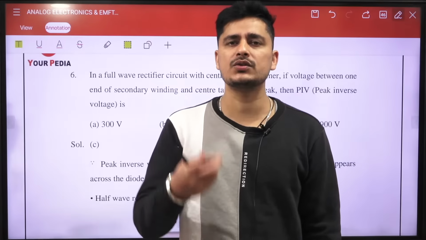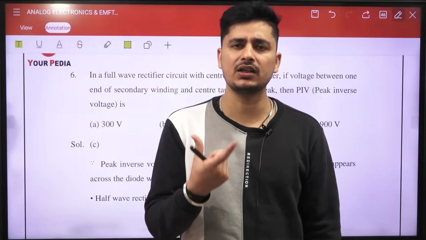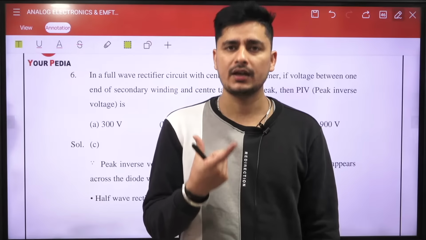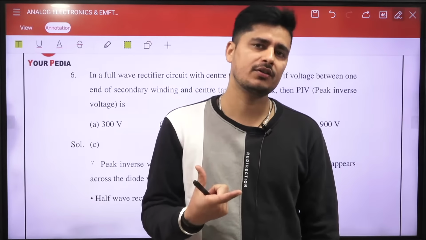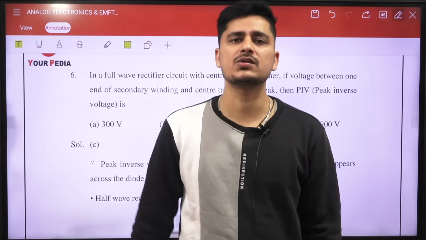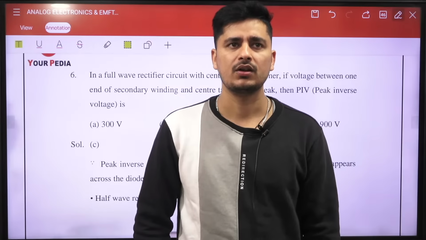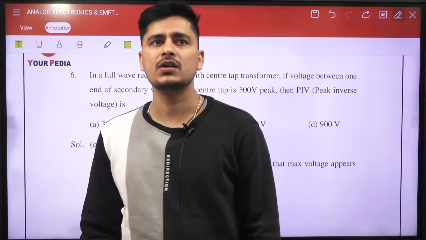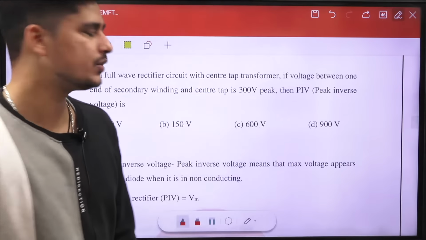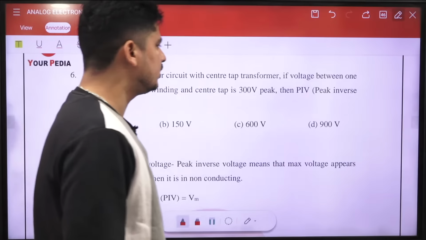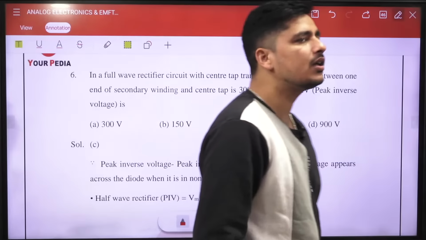Let us take a diode that can tolerate only 5 volt, and you apply a reverse voltage of 10 volt, then that diode will be damaged. That's why we use the circuit in which the peak inverse voltage is less.